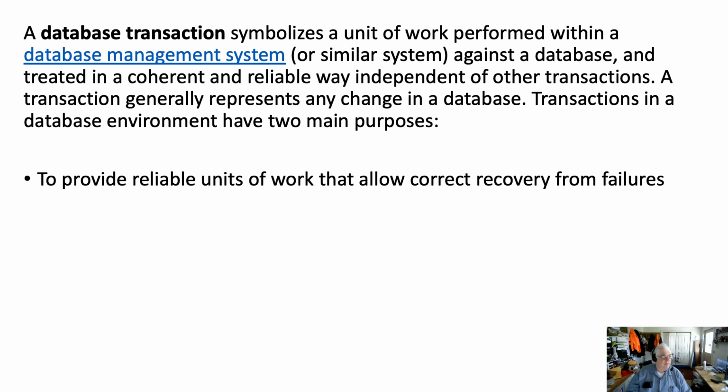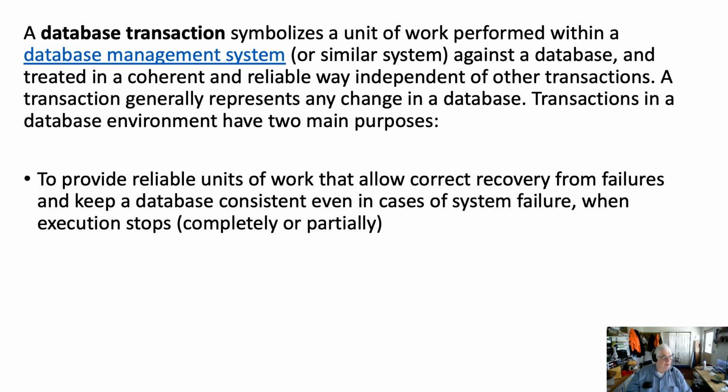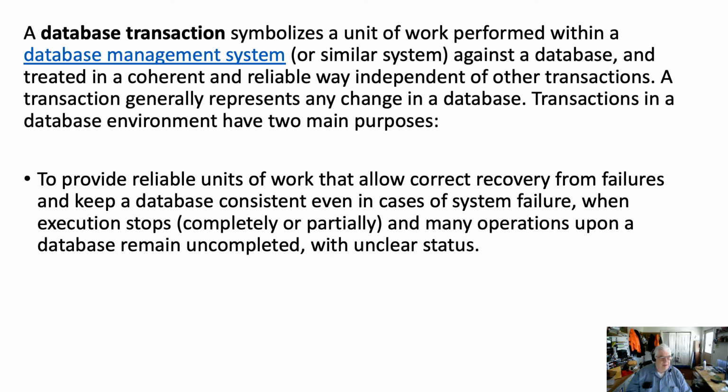Transactions in a database environment have 2 main purposes: to provide reliable units of work that allow correct recovery from failures, and to keep the database consistent even in cases of system failure, when execution stops or only completes partially, leaving many operations upon the database uncompleted with an unclear status.